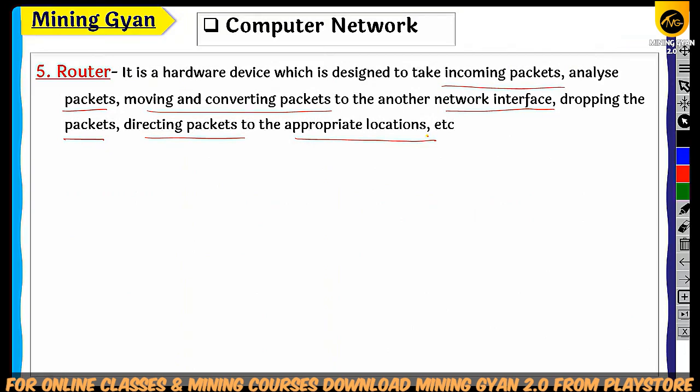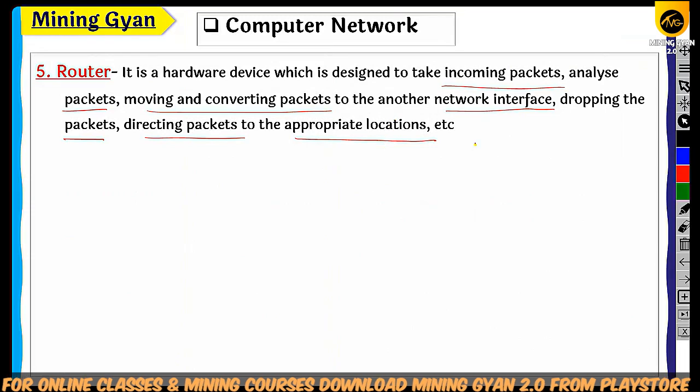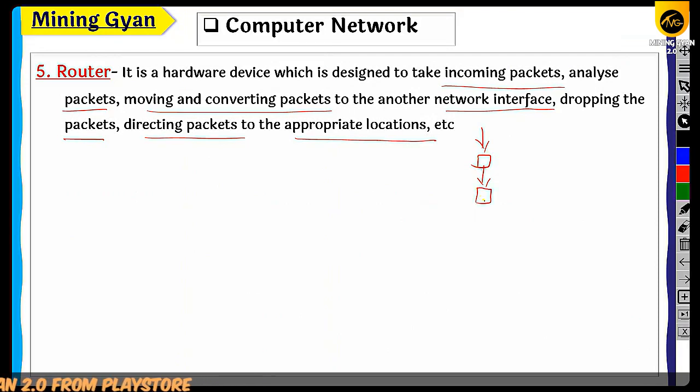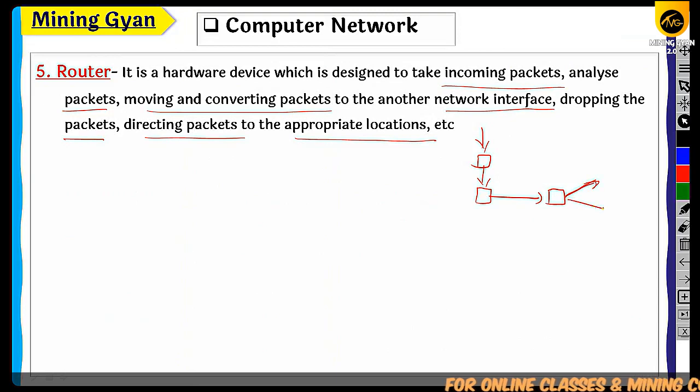It is designed to take any packet of data, so it can take the incoming packets and analyze them. It is used to move or convert packets according to the network interface. Then it can also drop the packet, or it can be used to direct these packets where to be sent, to the appropriate locations. Okay, so the router is the most important device used in a computer network.